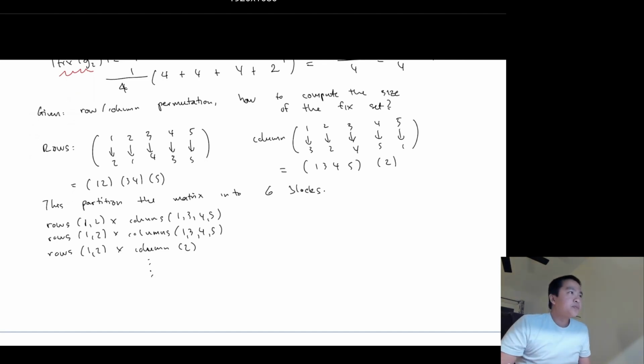So it's the Cartesian product of these two sets of cycles.